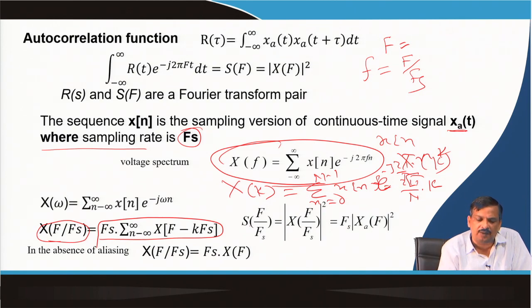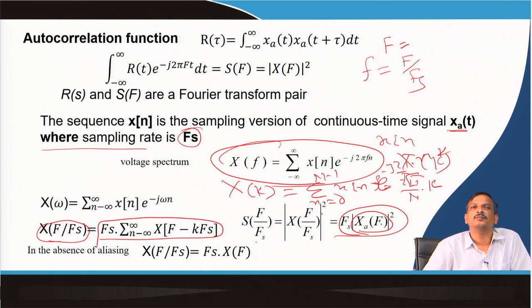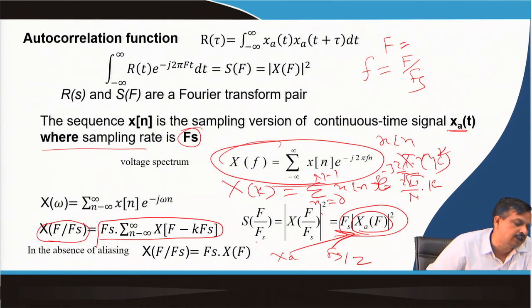So, the spectrum S of F by Fs is equal to X of F by Fs whole square. So, it is nothing but Fs into X of F whole square. Understand or not? Since it is restricted by Fs by 2, in that case it is nothing but Fs into X of f whole square. So, that is the spectrum of the signal, the voltage spectrum.